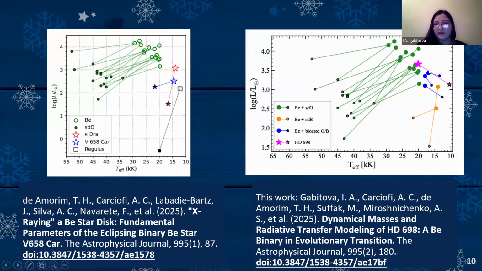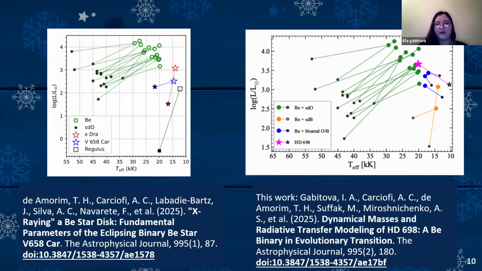Even within this class, HD698 kind of stands out. The B star is pretty much where you would expect a B star to be, and the companion is farther from other companions, to the cooler side. We don't yet know: is it because it is younger than those systems, or maybe because it was inherently more massive initially?